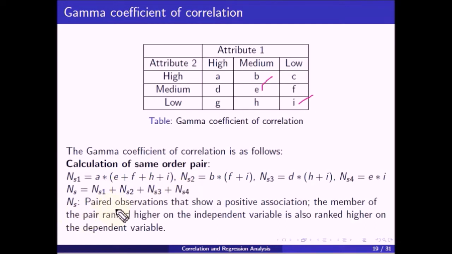NS is the paired observations that show a positive association: the member of the pair ranked higher on the independent variable is also ranked higher on the dependent variable.